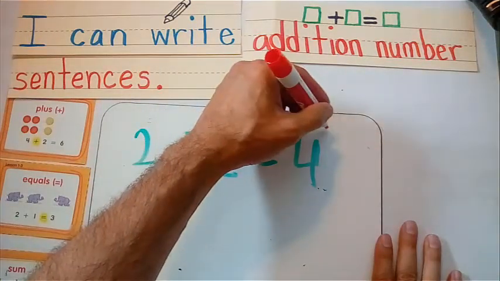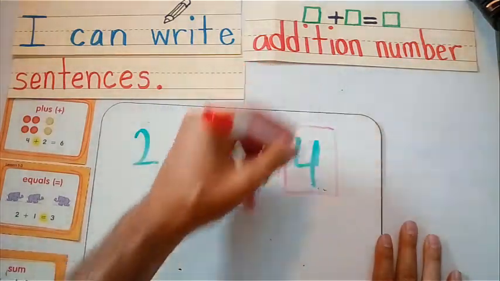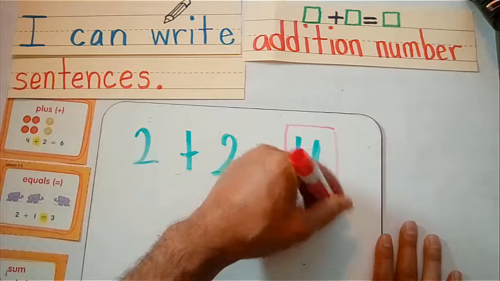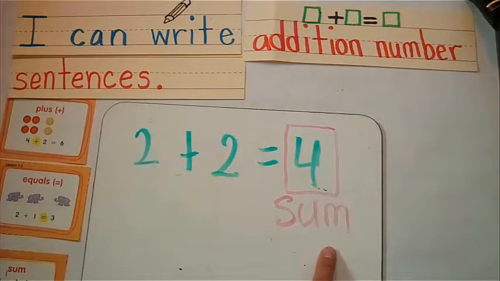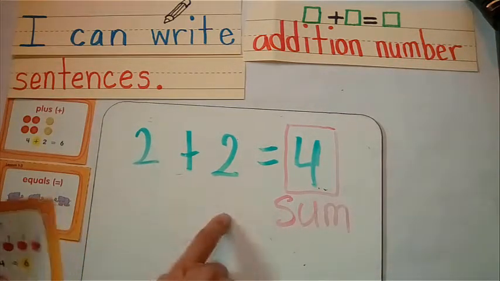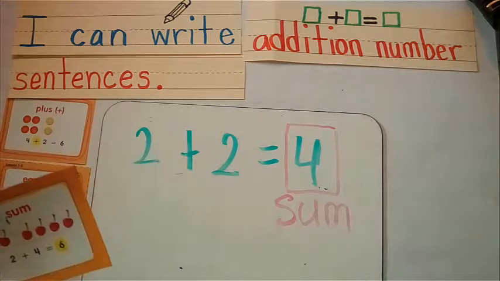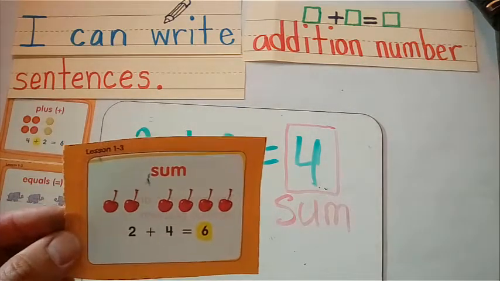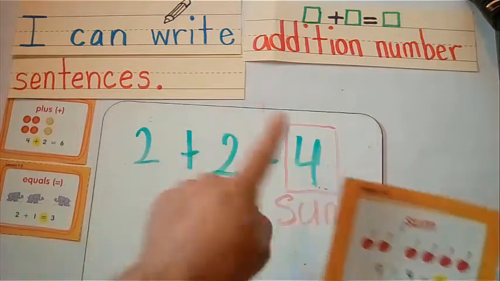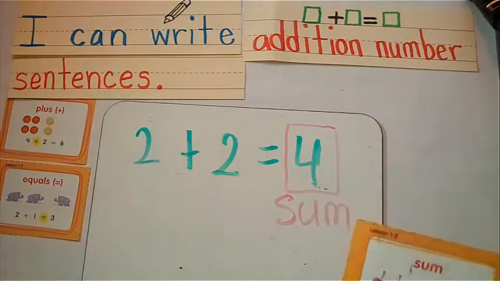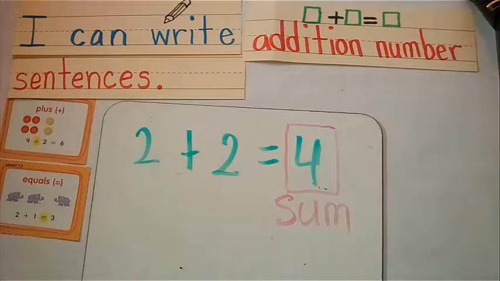That is called the sum. The sum is the answer in an addition sentence. It's the whole. We learned that last time. So when I ask for the sum, that means I want the answer to an addition number sentence.